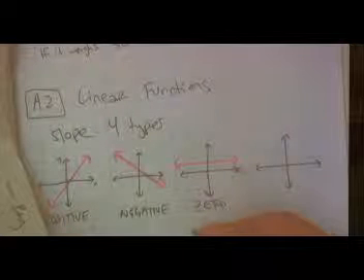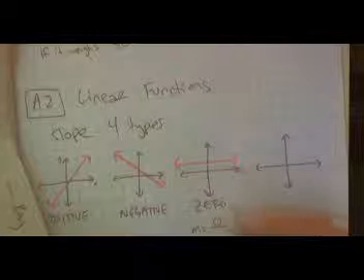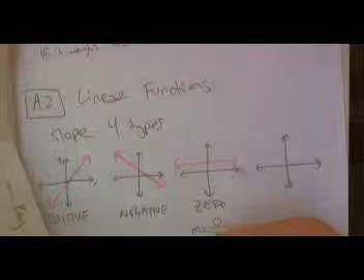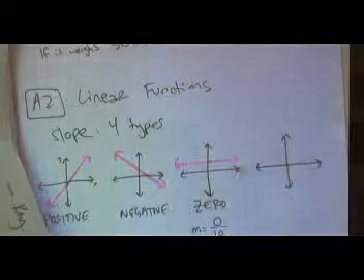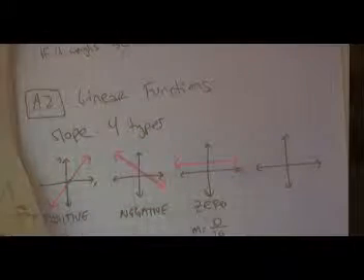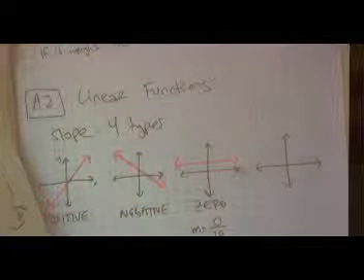The slope would look something like 0 divided by some number, where that number could be anything.